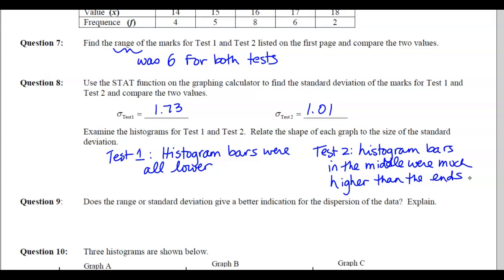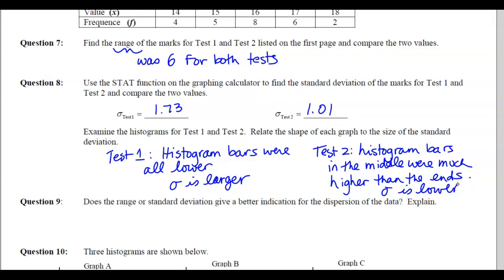So when the histogram bars are all lower, standard deviation is larger. When the histogram is more concentrated, higher values in the middle, not much on the edges, then the standard deviation is lower.